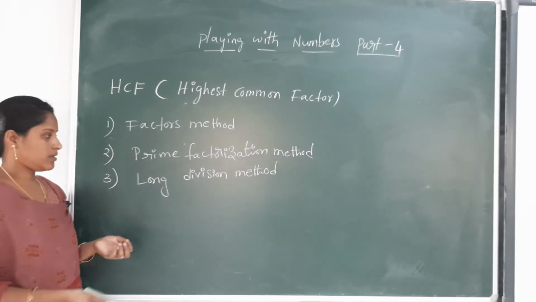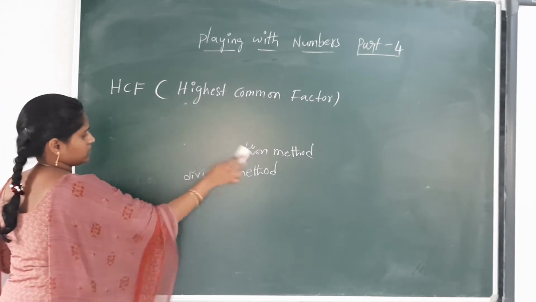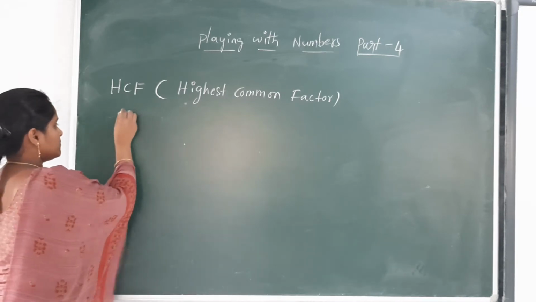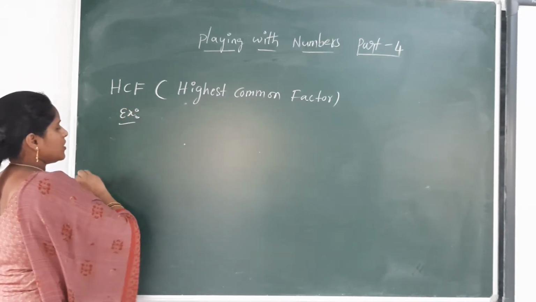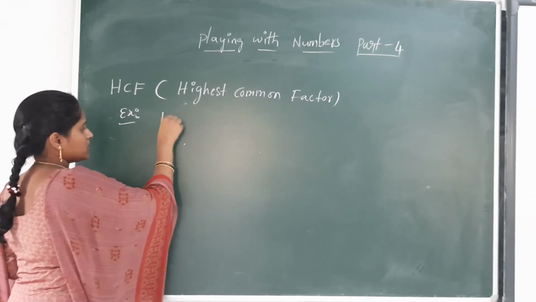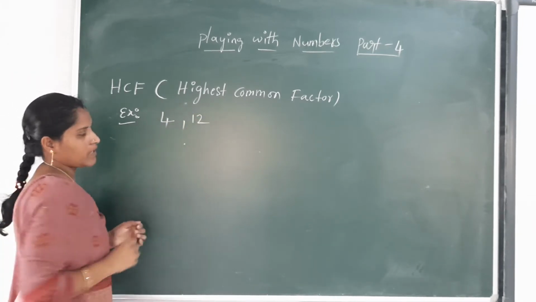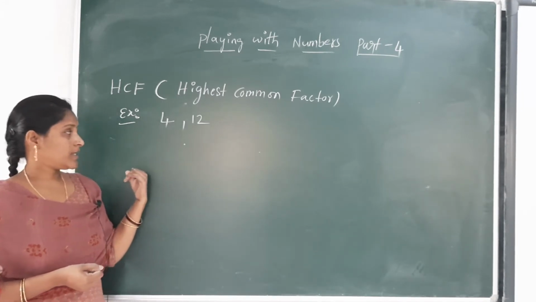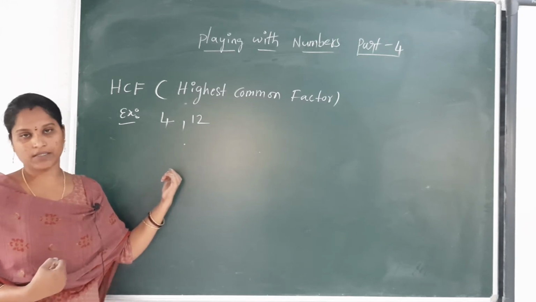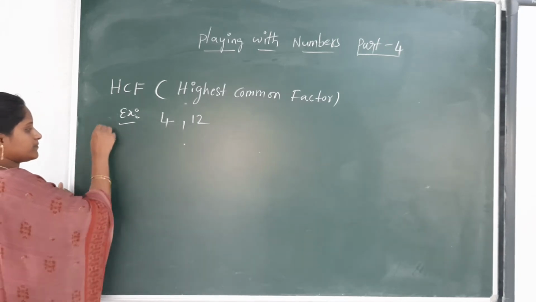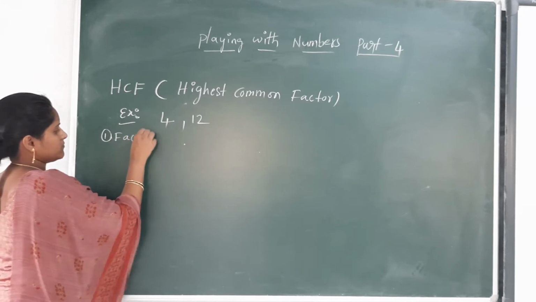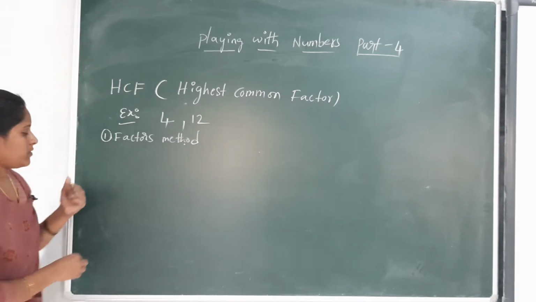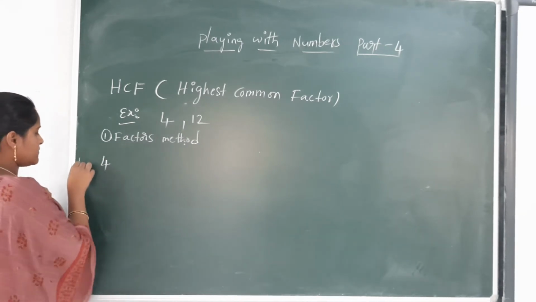Let us consider an example. For example, 4 and 12. I have taken the same example, 4 and 12. We are going to find HCF for these two numbers by using the factors method. First, factors for 4.